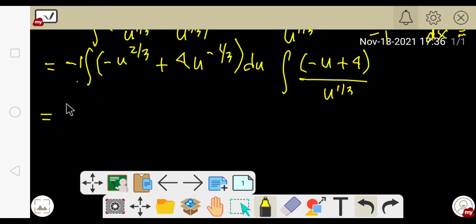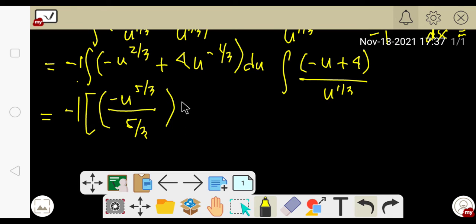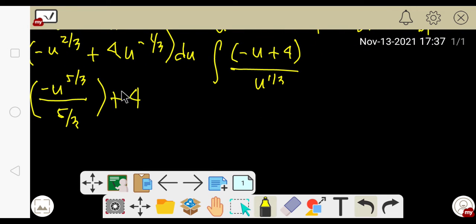So we get negative 1 multiplied by negative u raised to 5/3, since we have added 1 to the exponent, then we divide it by 5/3, plus 4 times u raised to 2/3 over 2/3 plus c.